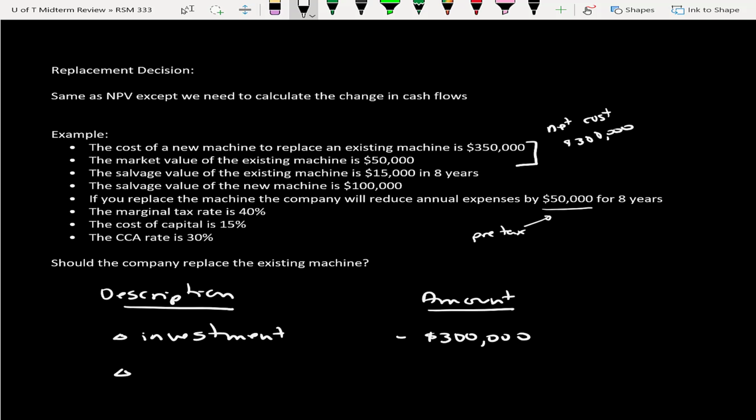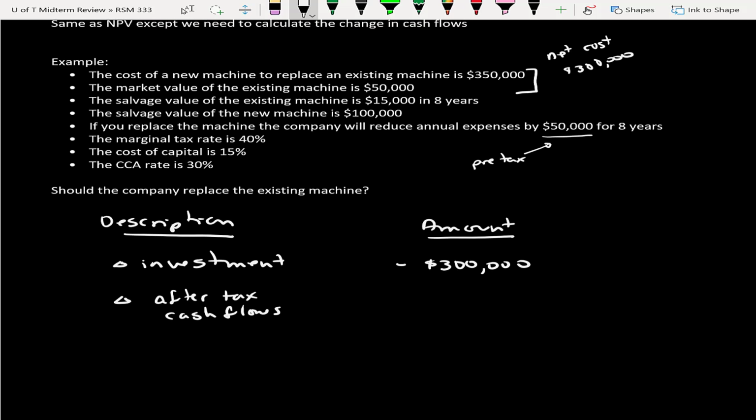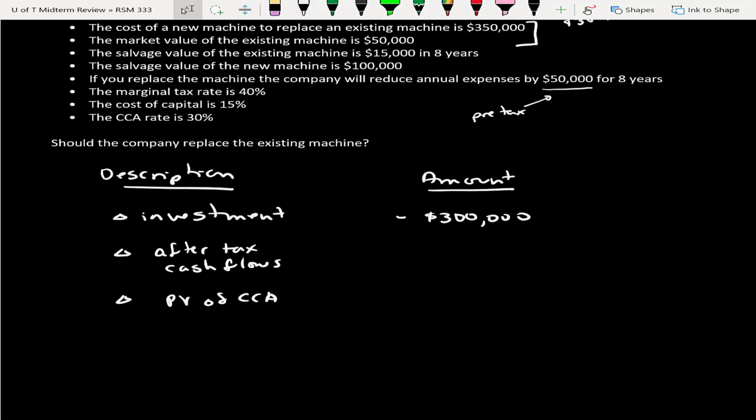The other things that we're going to consider are a change in after-tax cash flows, which we're going to need to calculate. The change in the present value of the CCA, because we've got a different machine with a different value, so we're going to have a different tax benefit, and then the change in salvage value.